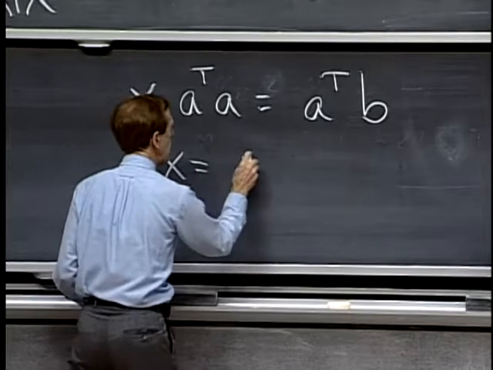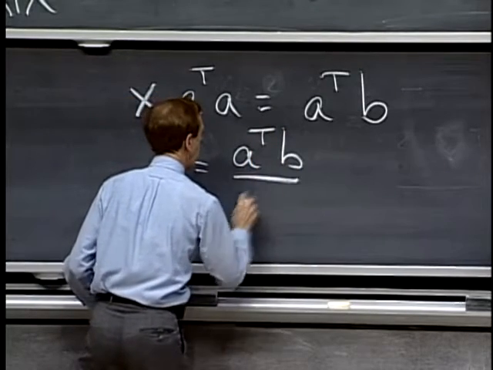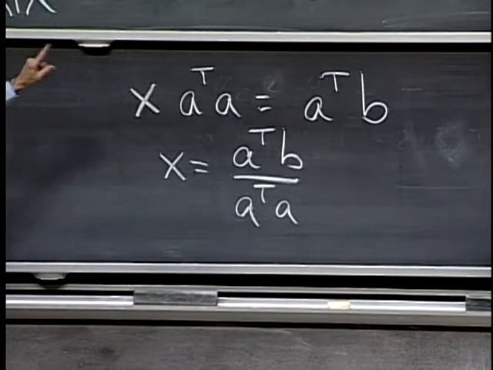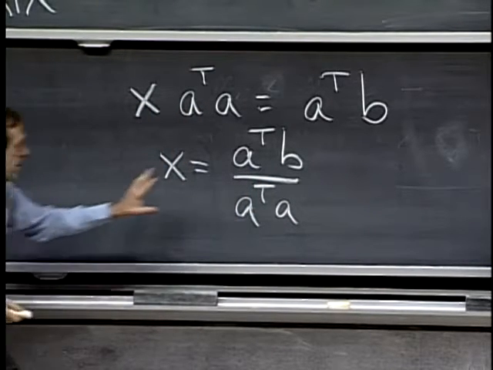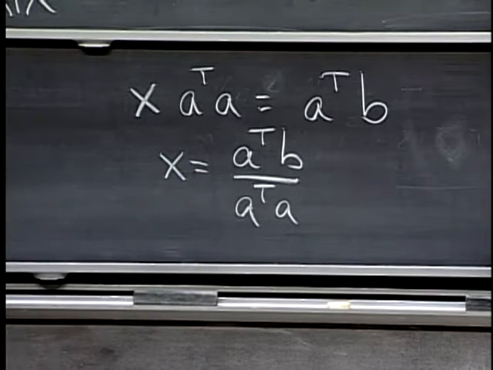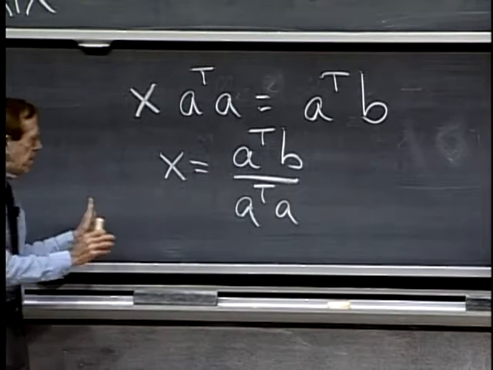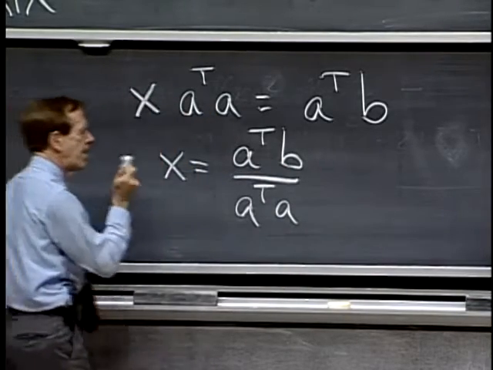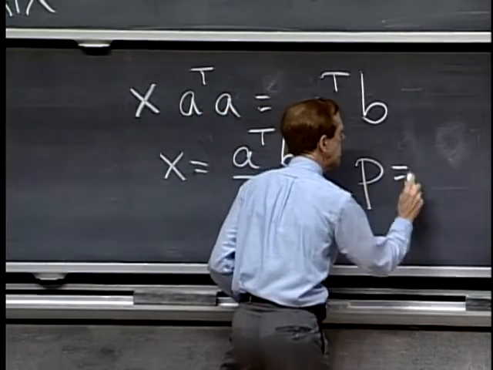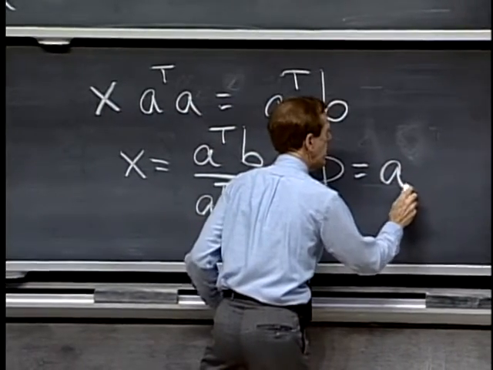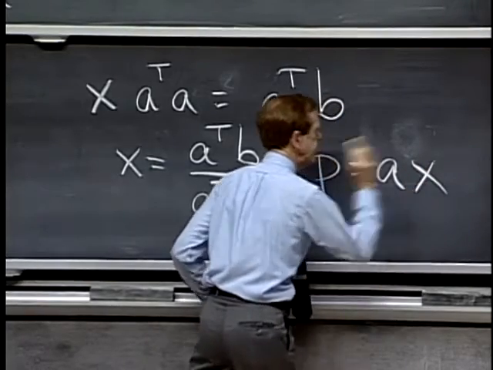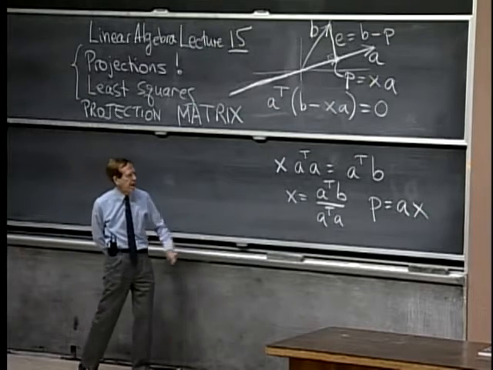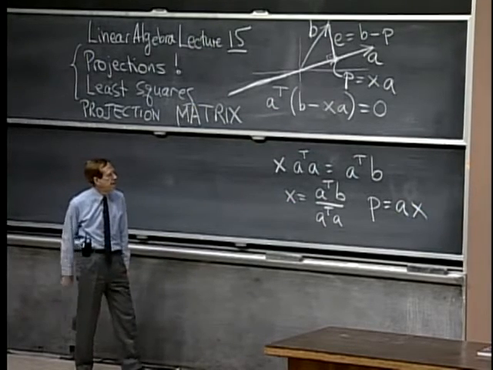X is A transpose B over A transpose A. And P, the projection I wanted, that's the right multiple. That's got a cosine theta built in, but we don't need to look at angles. We've just got vectors here. And the projection P is A times that x, or x times that A. But eventually I'm going to want that x coming on the right-hand side.